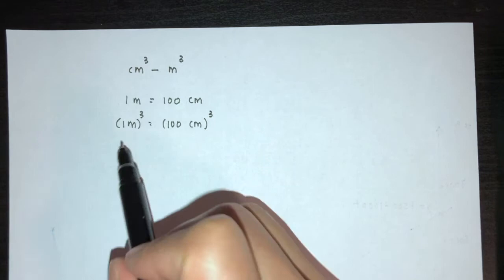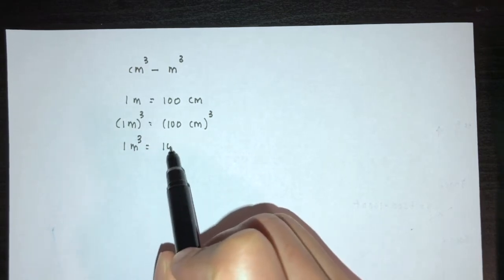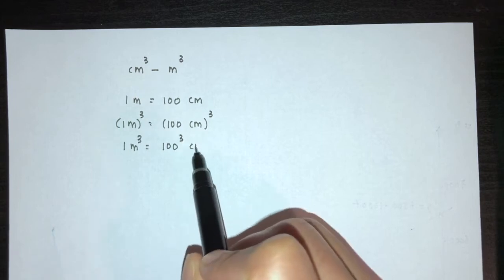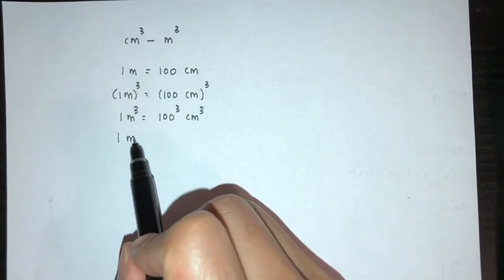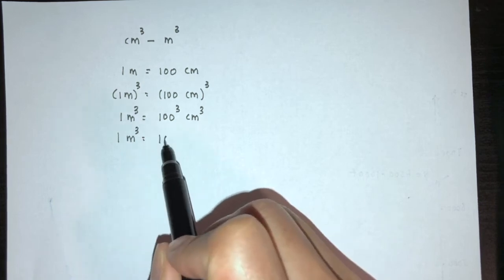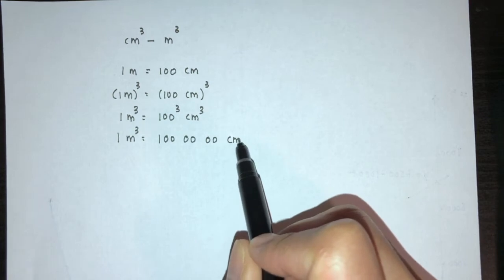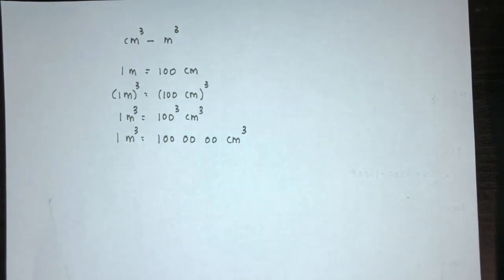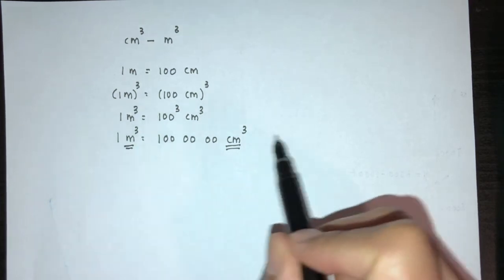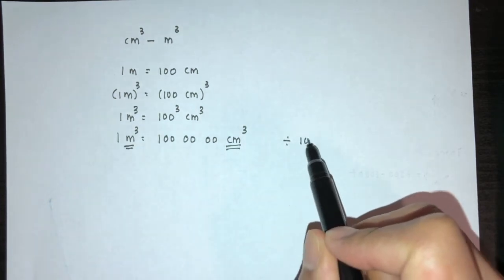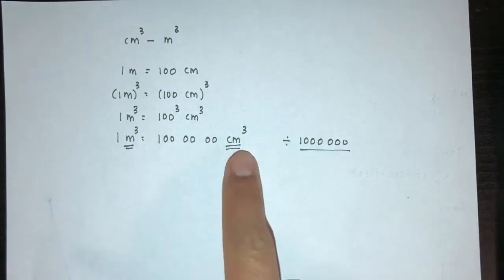So from what I can see, 1 meters cube is equal to 100 cube centimeters cube. So that will be 1 meters cube will be 1,000,000 centimeters cube. So basically to convert centimeter cube to meters cube, we have to divide by 1 million. So that's how you convert this to this.